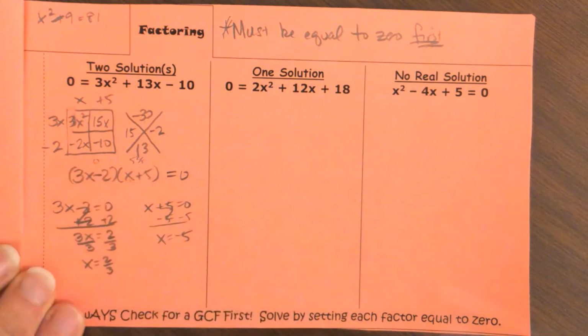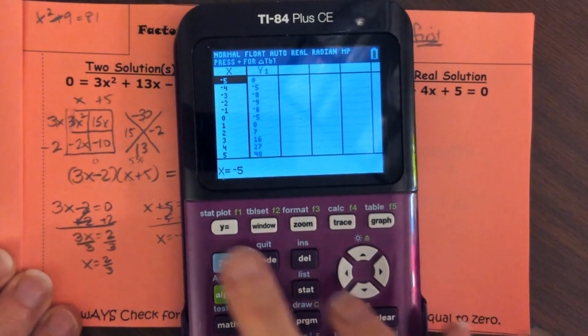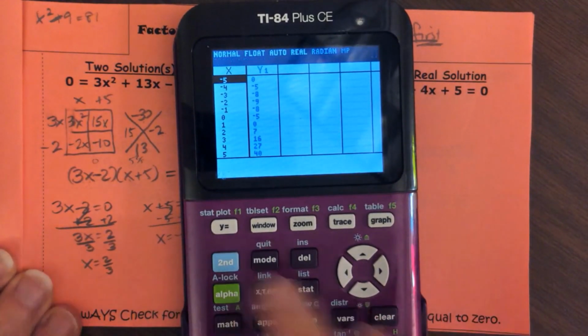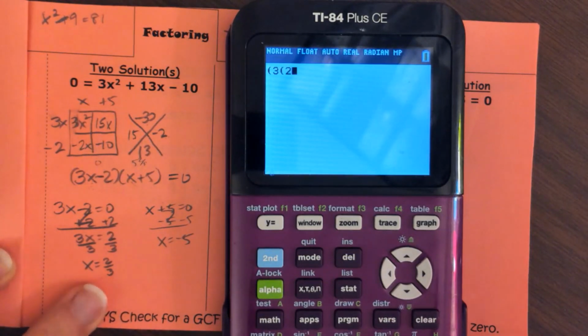If I substitute in, let's just do it. There's going to be a lot of parentheses. Let's look at the first one: 3 times (2/3 minus 2) times (2/3 plus 5). Again, all I'm doing is substituting in for x.